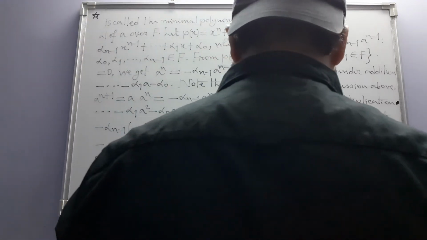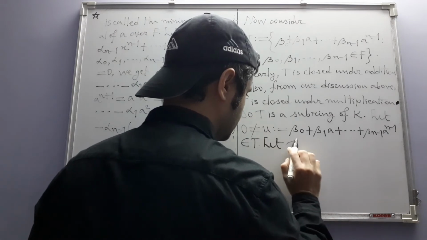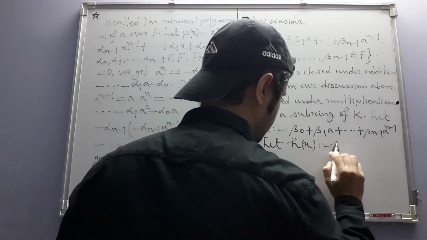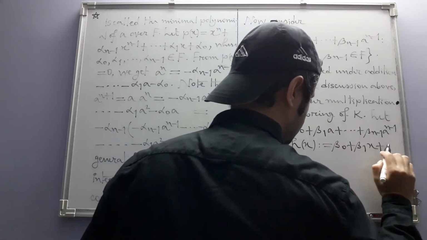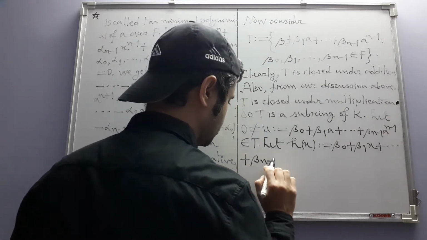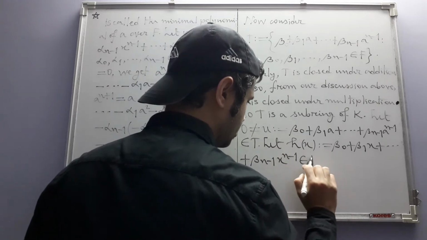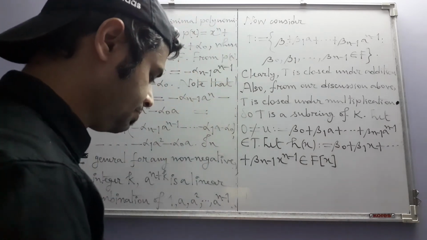So for that, let Hx be this polynomial beta naught plus beta 1 x etc. plus beta n minus 1 x to the power n minus 1 in Fx.